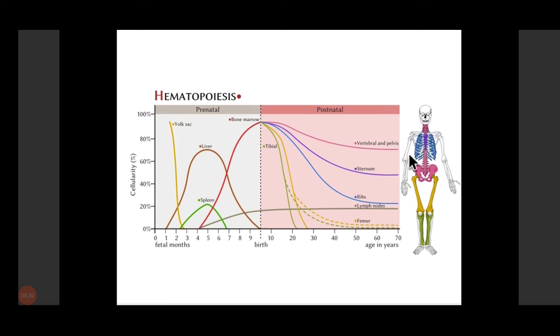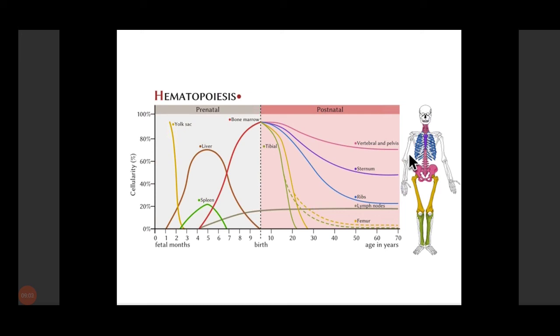Bone marrow aspiration, one of the favorite questions of the examiner, is the most common site of examination of bone marrow aspiration or bone marrow biopsy. Among the pelvis, we have the anterior superior iliac spine and the posterior superior iliac spine. The posterior superior iliac spine is the preferred site for bone marrow aspiration and biopsy because it is very easy to access, and the patient usually does not see the procedure being done.